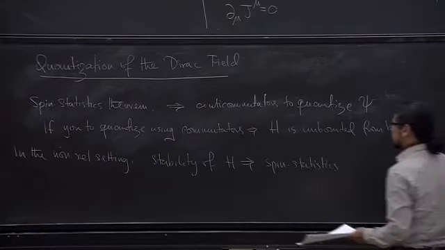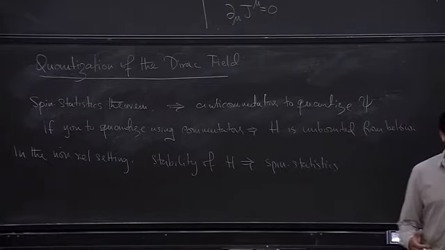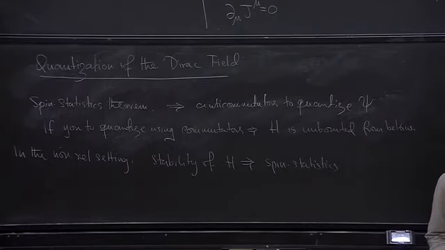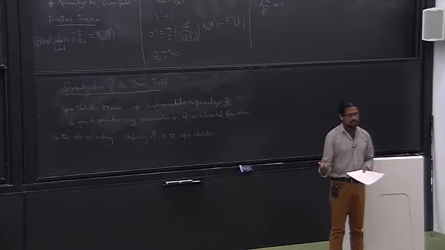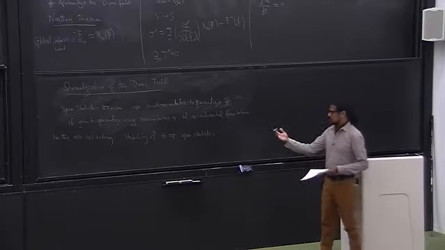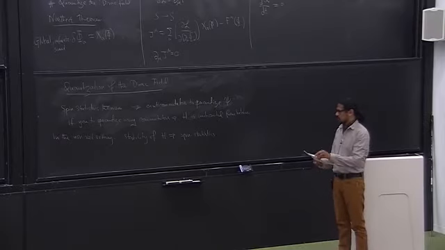Which is something nice, because you expect that in, say, a condensed matter system, which has 3 spatial dimensions but is not relativistic, the fermions are in the half-integer representation of the rotation group, and the bosons in the integer representation. So the spin statistics connection is there if you impose the stability of the Hamiltonian.